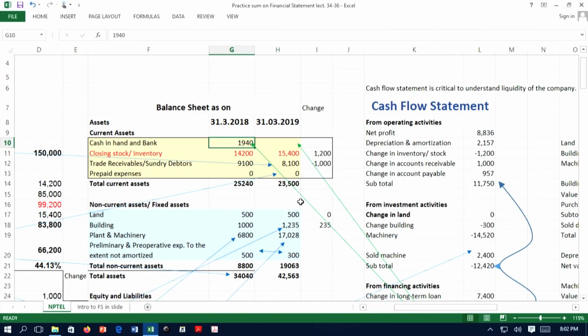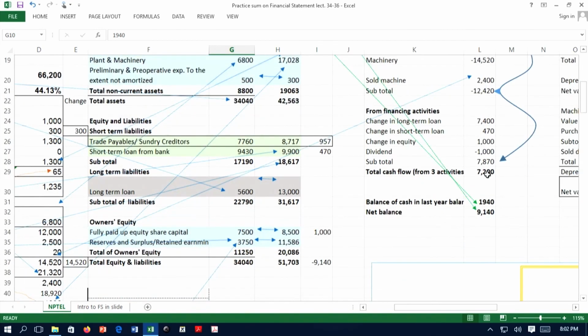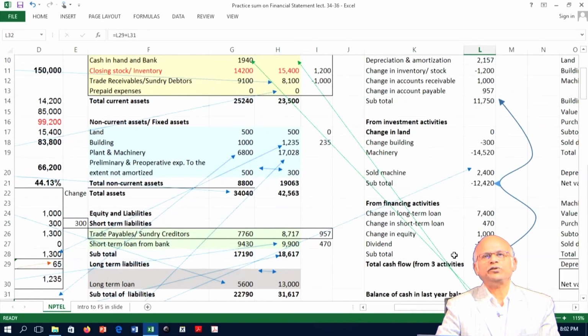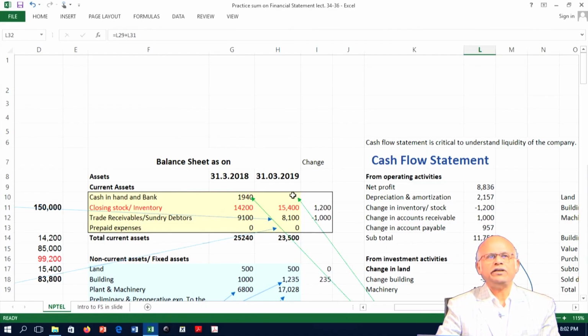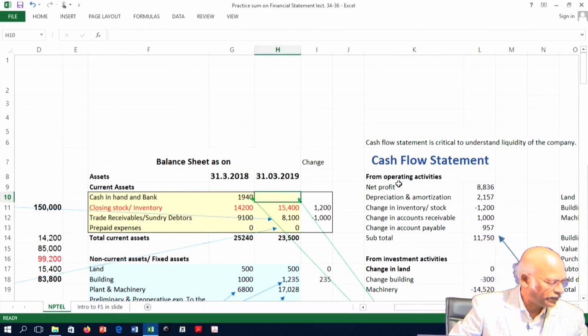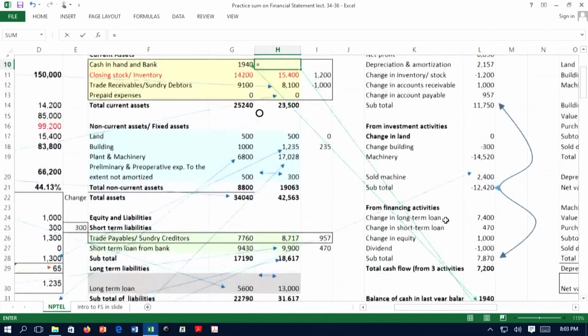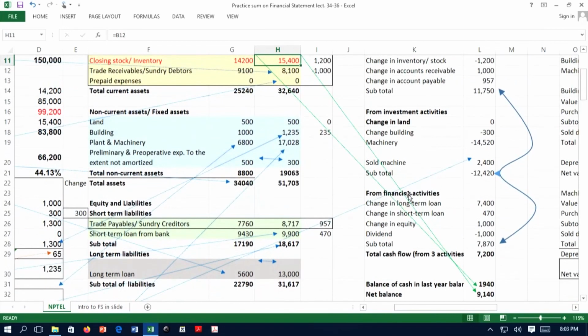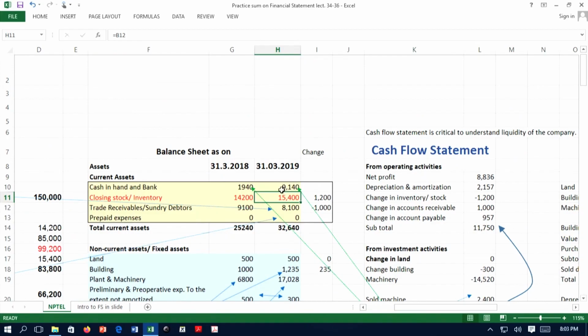So, previous year the cash position was 1,940. Here we add that with this year's net cash flow to get the balance of cash position as at the close of business this year. So, we populate this one by picking up data from this position, and then we get the cash position of the present year, that was 9,140.